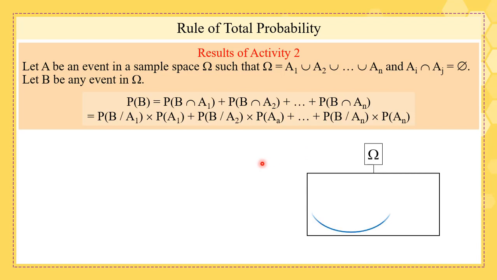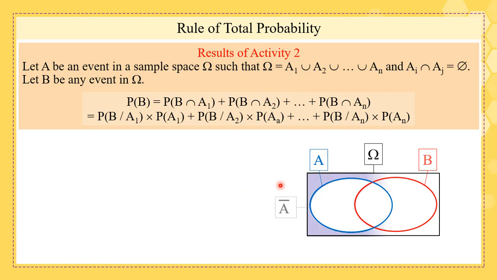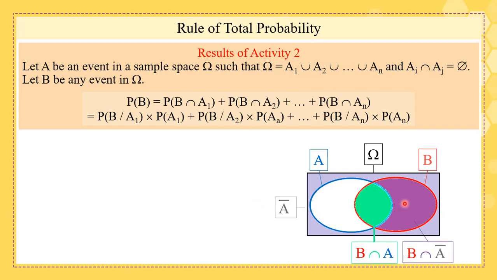If this is omega, and this is set A, and this is another set B, well, this would be A bar, and this would be A intersection B or B intersection A, and the purple part would be B intersection A bar. So the purple part is the intersection between B, the red set, and A bar, which is here. So it will be B intersection A bar.